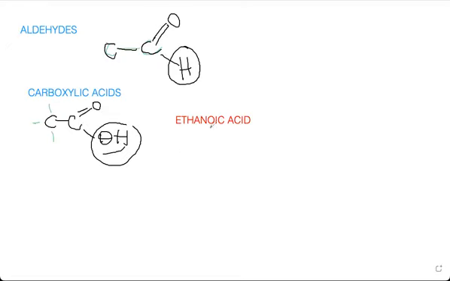We are using oic acid as a suffix for carboxylic acid. So ethanoic acid, butanoic acid, pentanoic acid, hexanoic acid. But what about aldehyde? What is the suffix of aldehyde?